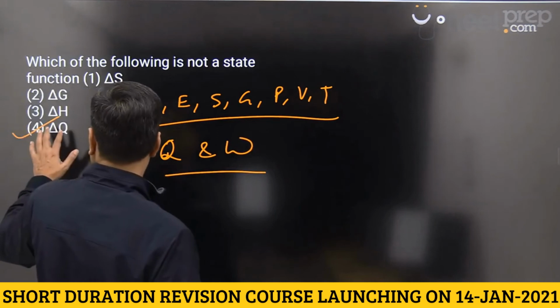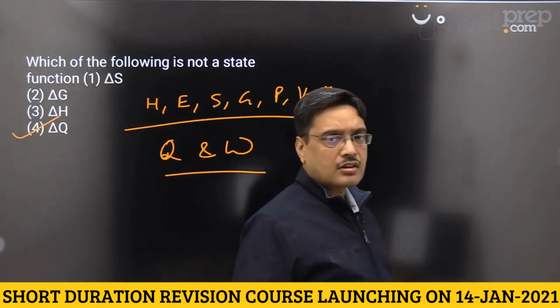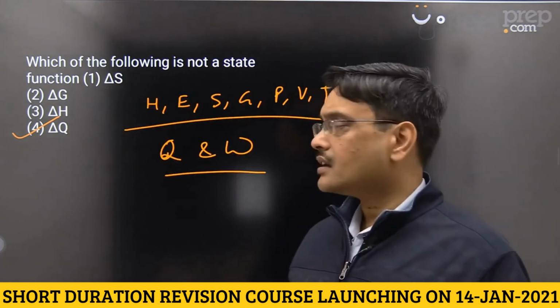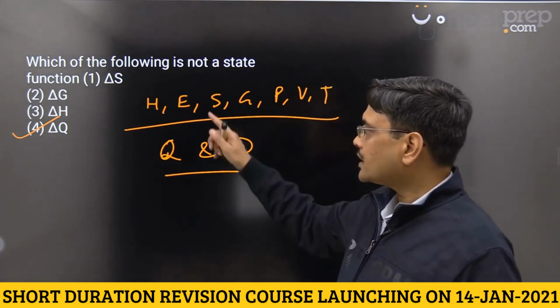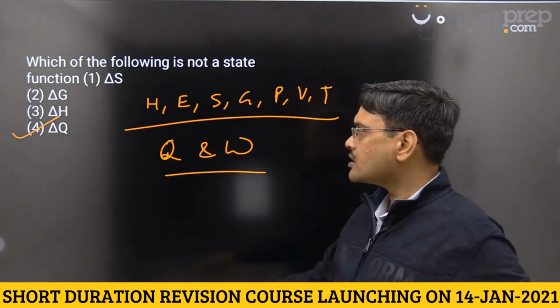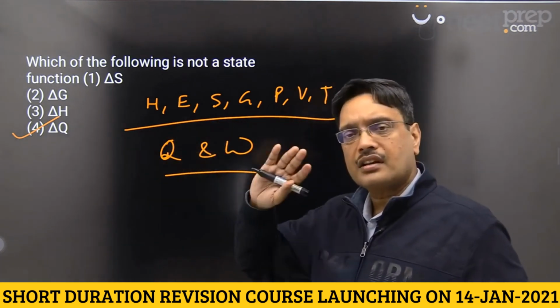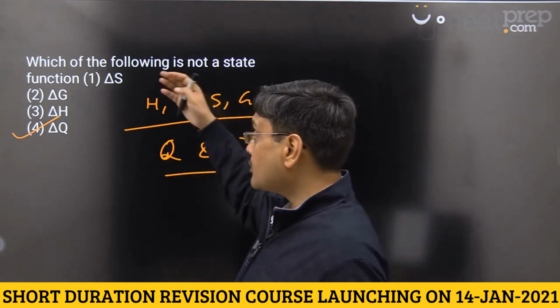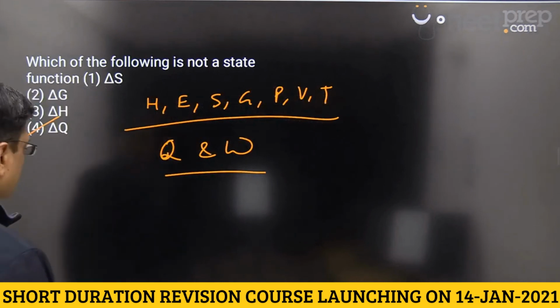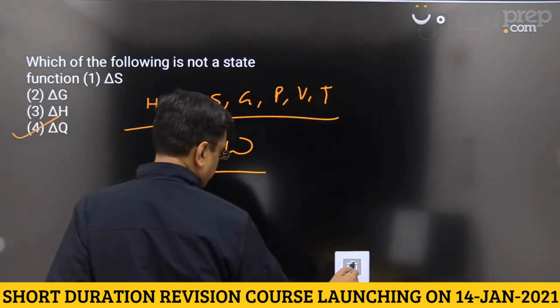It is not written correctly. Delta Q cannot be written; it can be written as dQ. So delta S, delta G, delta H are all correct. These are state functions. They depend on initial and final states only, not on the path. Clear? So it is already done in the concept.